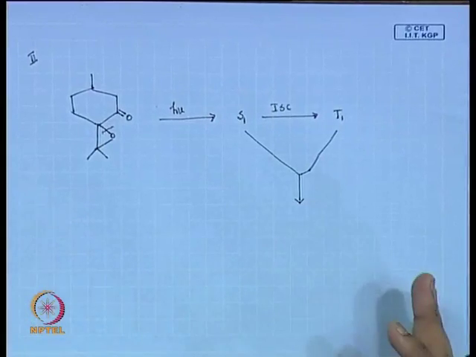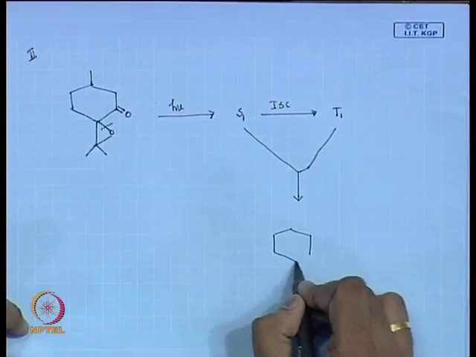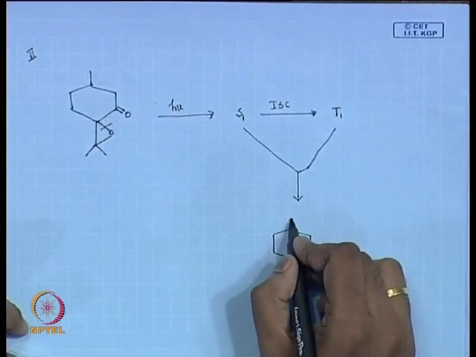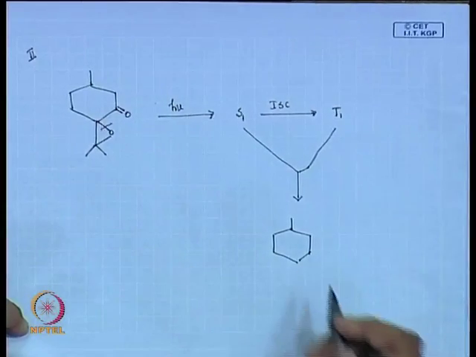See, you have a ring strain. Do you want to break a CC bond or a CO bond? CO bond. So, I am just breaking my CO bond. So, it is a typical epoxy ketone, no?